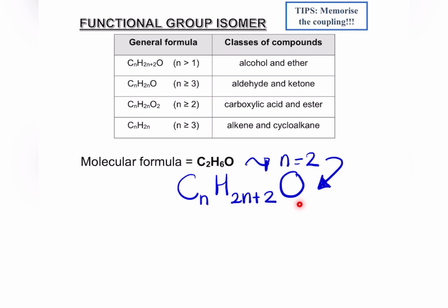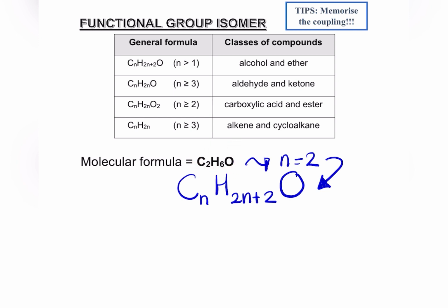And if you take a look at this general formula, this one is referring to the coupling for alcohol and ether. So I'm going to show the classes of compound alcohol and ether based on this molecular formula.